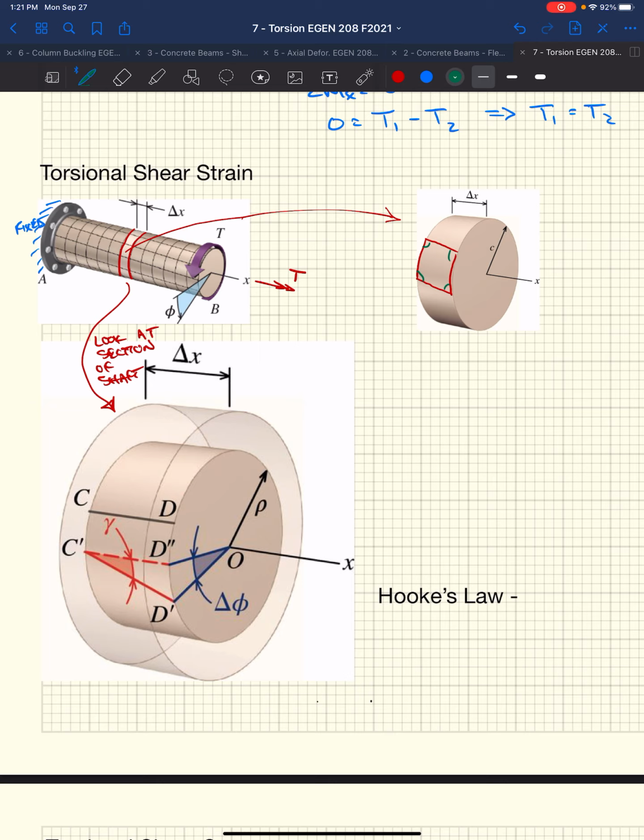We'd have a straight shaft. As we apply the torque and this thing deforms or rotates about its length, right, those angles no longer become 90 degrees.